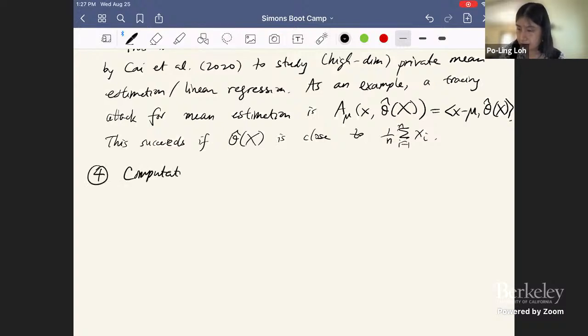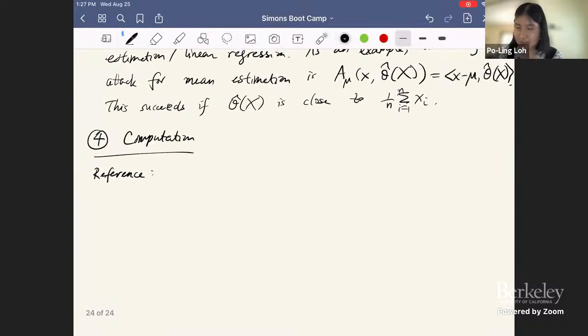Great. So lastly, we have computation. And as I said, I'm going to be a bit brief here because I think a lot of the other talks are on computation. And secondly, I'm not really a complexity theorist. So I'll just kind of give big picture ideas of what the result is here, and also what the ideas of the proof are. Okay, so the reference that we're going to go off of is Zhang, Wainwright, and Jordan.